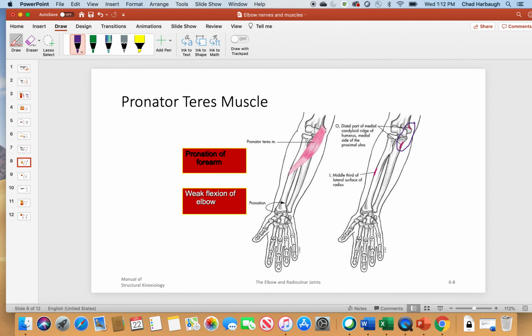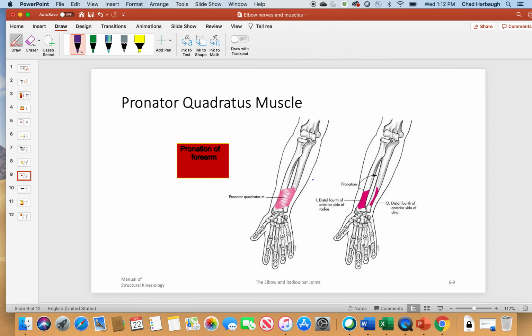So in this case, it's going to be the medial side of the humerus here, and the medial condyloid ridge of the humerus, and the medial side of the proximal ulna. And then its insertion is going to be on the lateral surface of the radius. Its main job in bold here is going to be pronation of the forearm, but it also aids in weak flexion of the elbow. So it does allow for the pull of the radius in flexion.